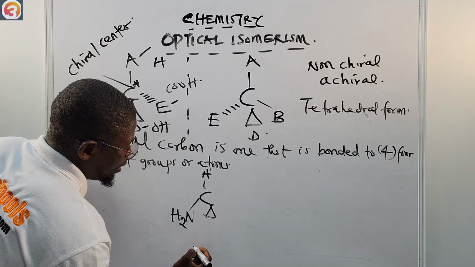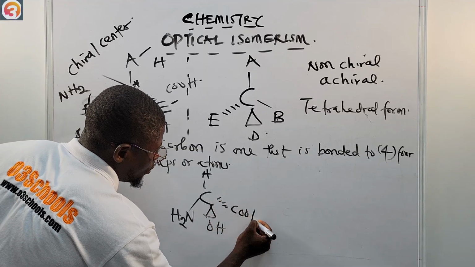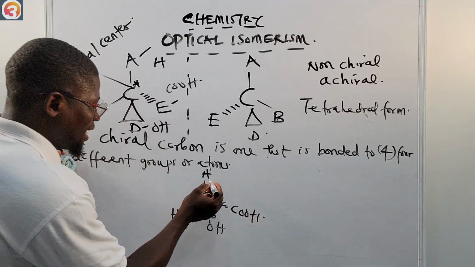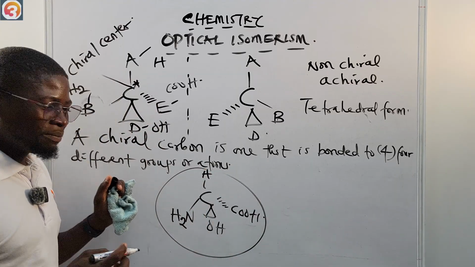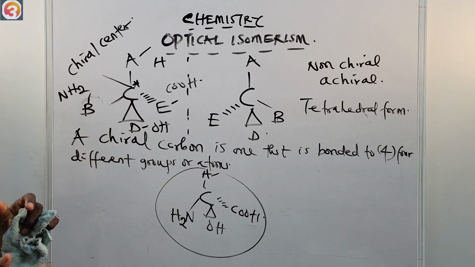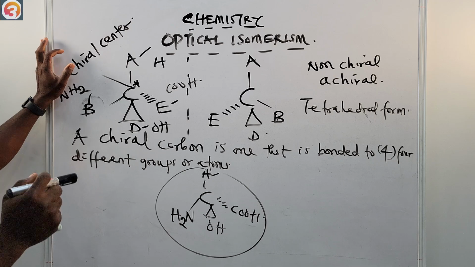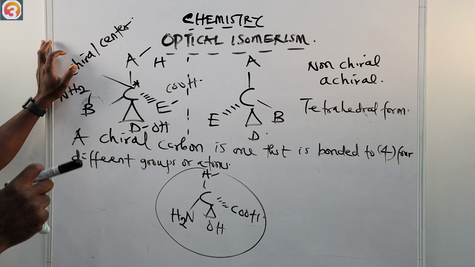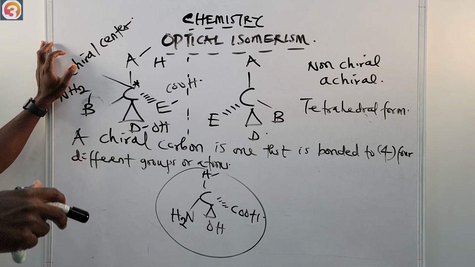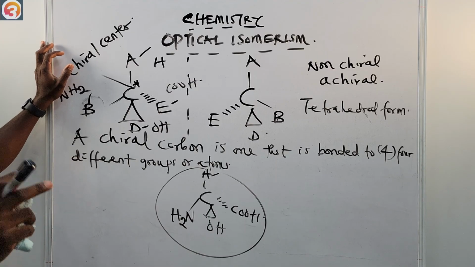Then, for example, here we now have OH, then bonded again to COOH. So this is a chiral molecule. It is chiral because it is bonded to 4 different groups or atoms. That is what chirality is about. So a chiral molecule is a molecule whose central carbon atom is bonded to 4 different groups or atoms. Is that very clear? All right.